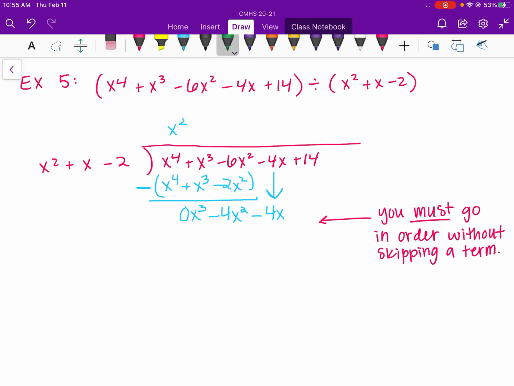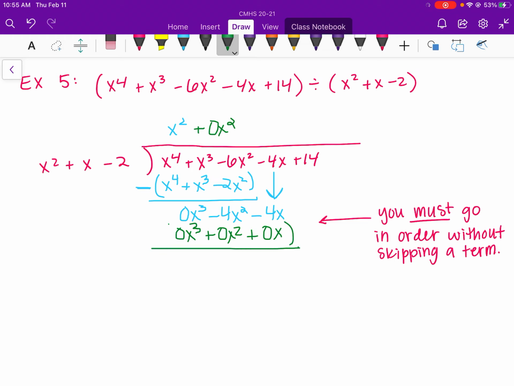Next, what multiplies by x squared to get 0x to the third? 0x does. So 0x times all this is just going to be 0 for everything. 0x to the third plus 0x squared plus 0x.